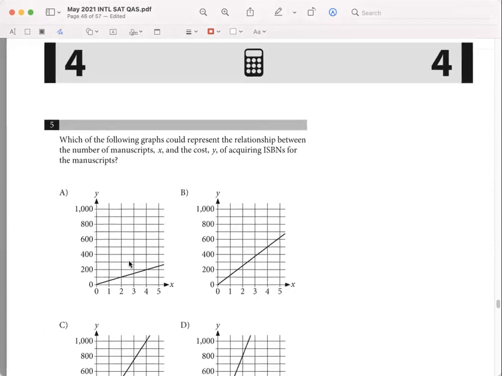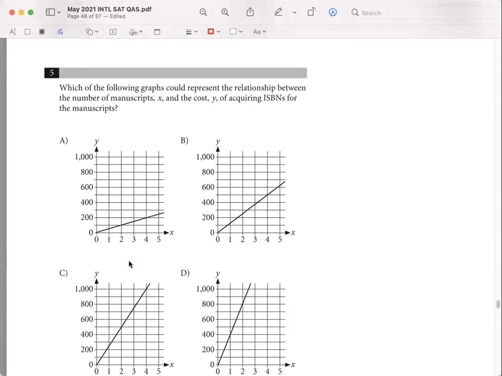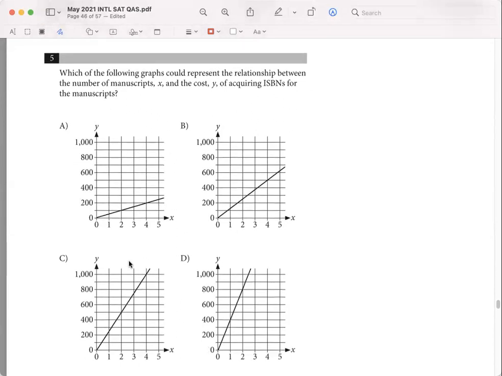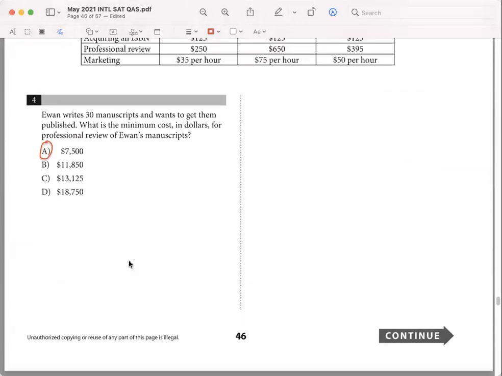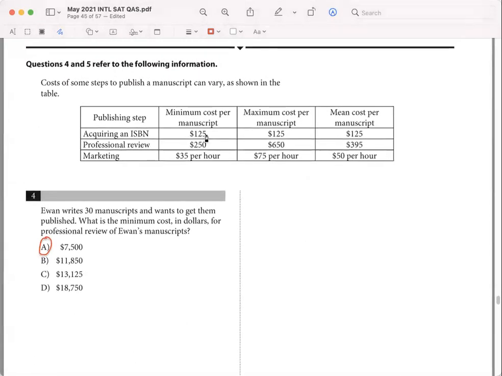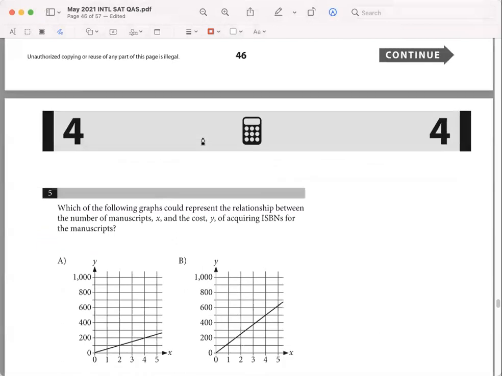Number 5. Which of the following graphs could represent the relationship between the number of manuscripts x and the cost y of acquiring ISBNs for the manuscripts? Okay, so acquiring an ISBN, minimum cost is $125 and maximum cost is $125, right?